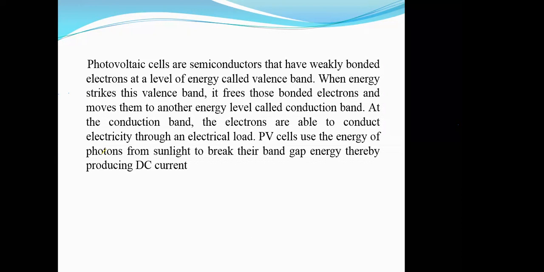And when the circuit is completed and the load is connected, the electron flows, and we get the output. The output of the PV panel is DC. It is not AC. This is to remember: the output of a PV panel is DC and it is not AC.